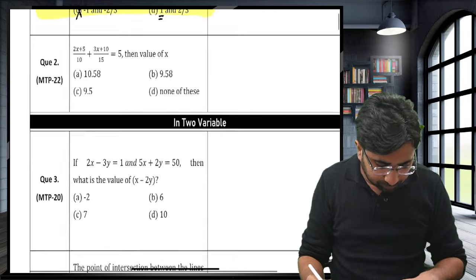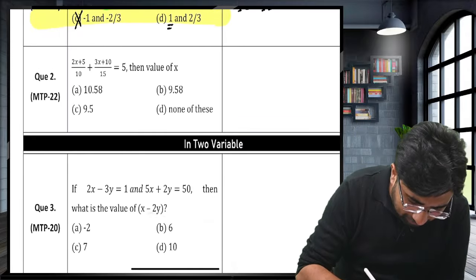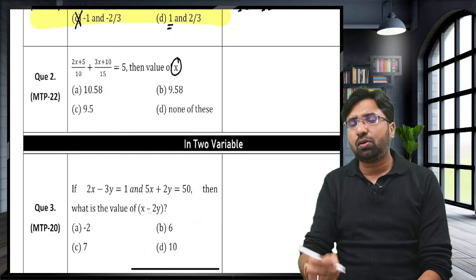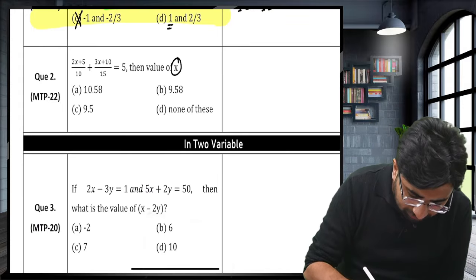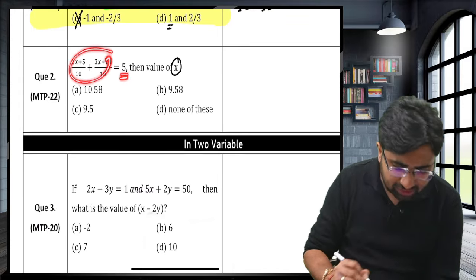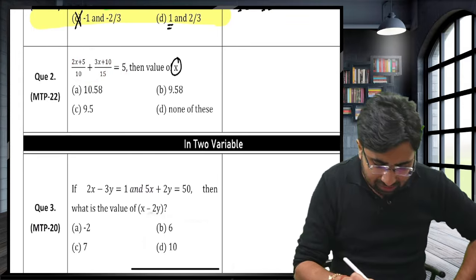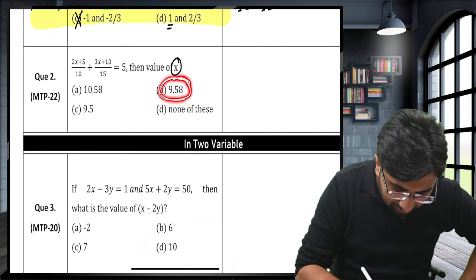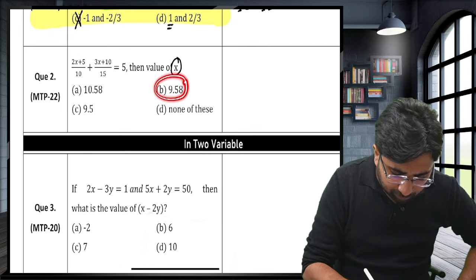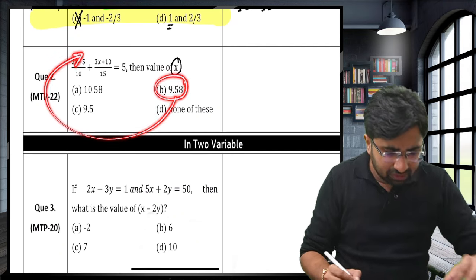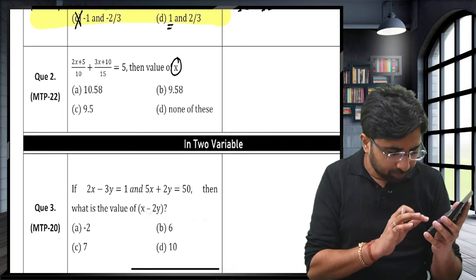Guys, now again they are asking to find the value of x. I will go from option to question. The option that will give me LHS equals to RHS, that option will be correct. I will simply go for 9.58. Let's put 9.58 in the place of x. 2 into x.